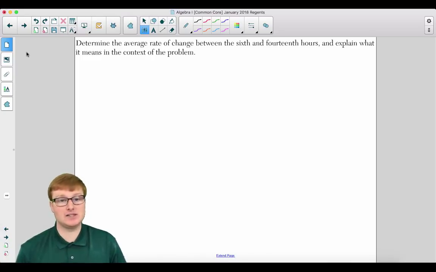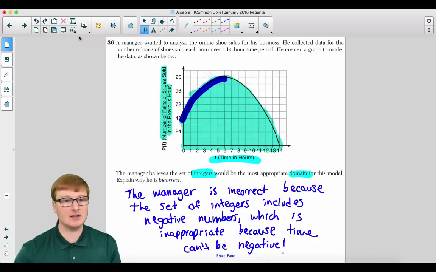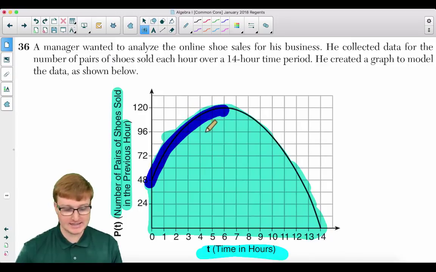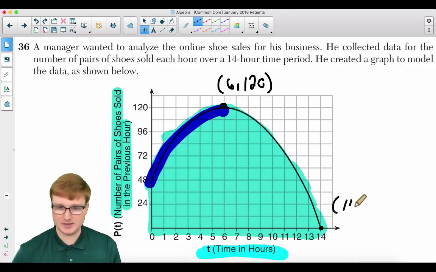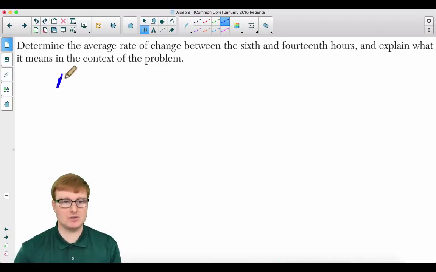So for the next one, it says determine the average rate of change between the 6th and the 14th hour and explain what it means in the context of the problem. So basically you're finding the slope between 6 and 14. So at the 6th hour, the y value is 120. At the 14th hour, that's 14 comma 0. So calculate the slope. That's just your change in y over the change in x. Nothing new.